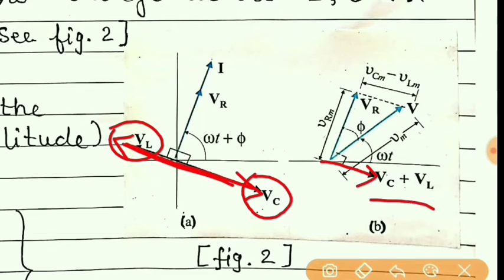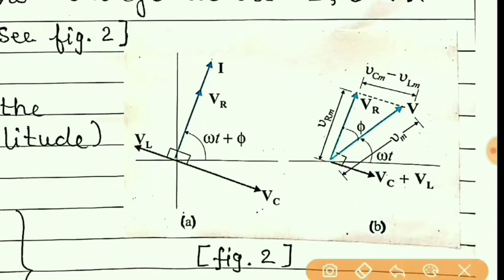This is the phasor form of the resultant voltage of VL and VC. As here we have considered VC as greater than VL, VC minus VL is nothing but this vector.